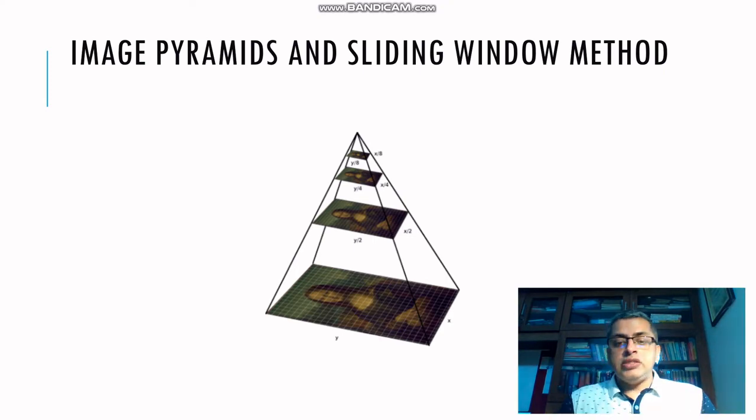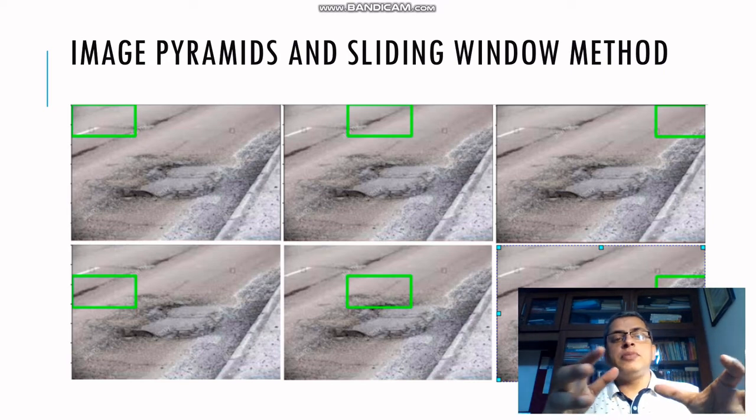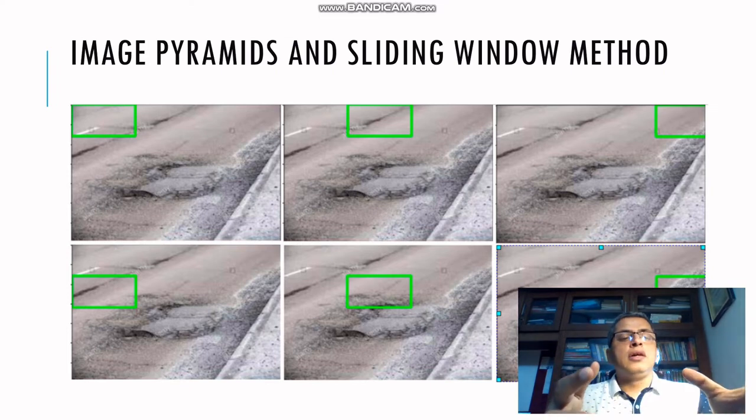Now image pyramids are not implemented alone. They are implemented in conjunction with a sliding window. The sliding window is a very simple method, similar to the one we have seen in template matching. Here the fixed size window is slid across the image both horizontally and vertically, and it tries to detect the objects which we have to detect.